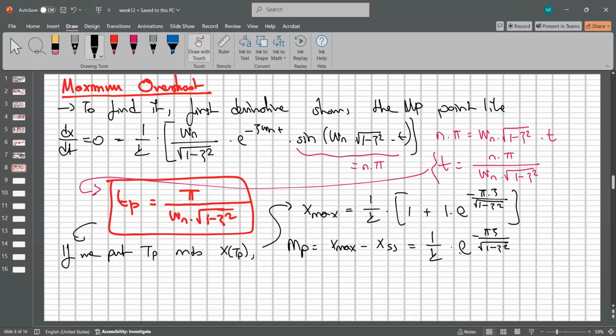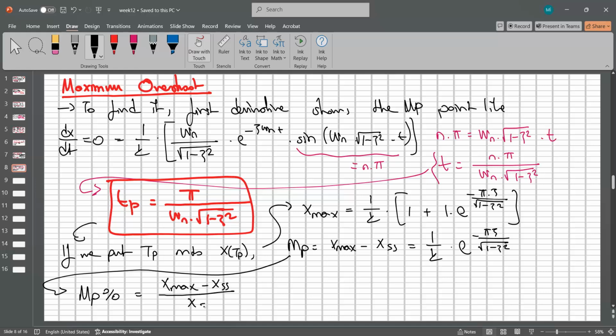Okay? And so, if this is the case, how can we convert this value into the percentage value? If we have this MP, we can continue this one. MP percentage is equal to X max minus X SS. This is the MP.